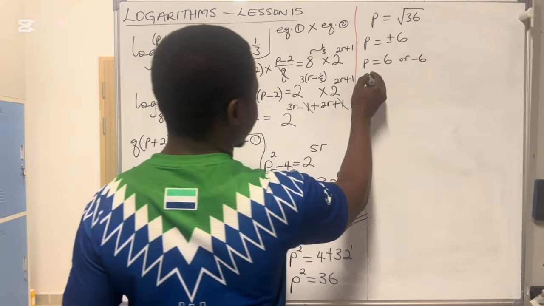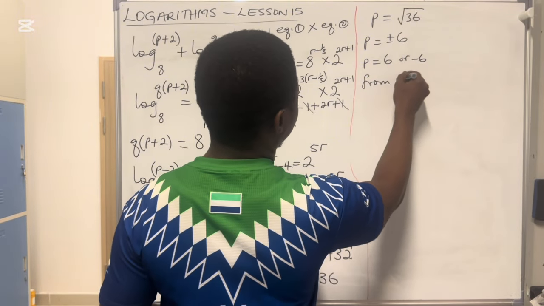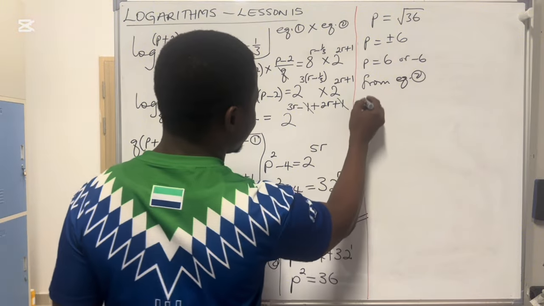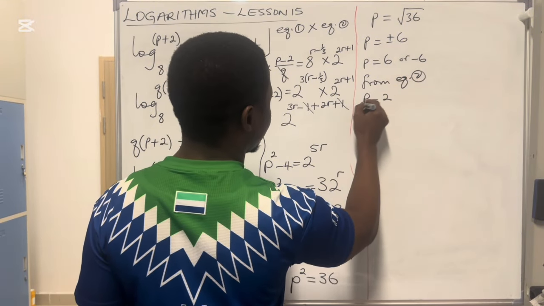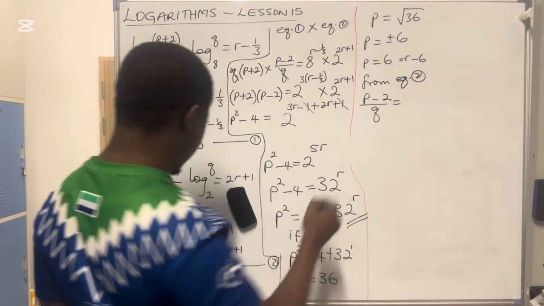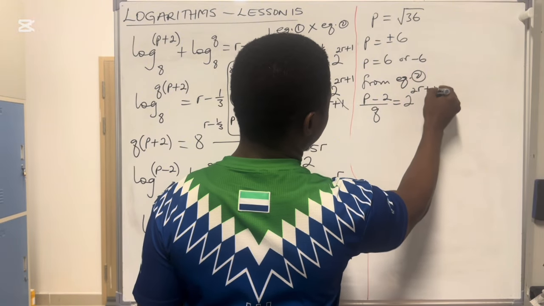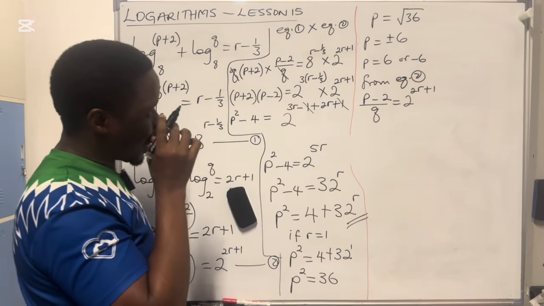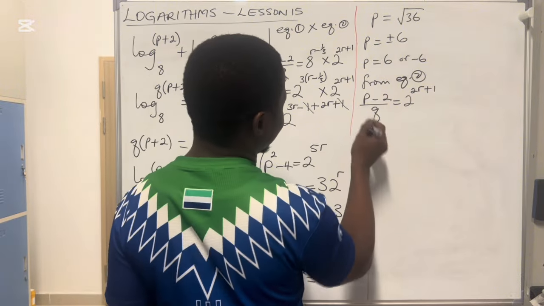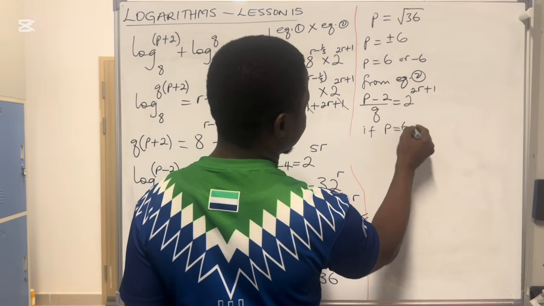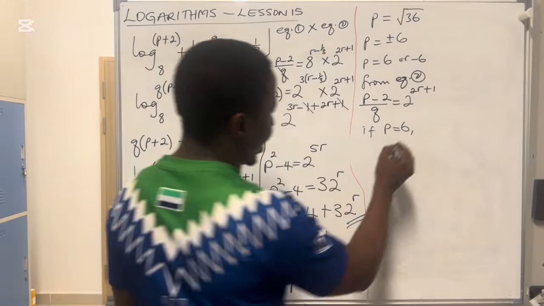So we say from equation 2, p minus 2 over q equals 2 to the power 2r plus 1. So what is p? If p is 6, then r is already 1.